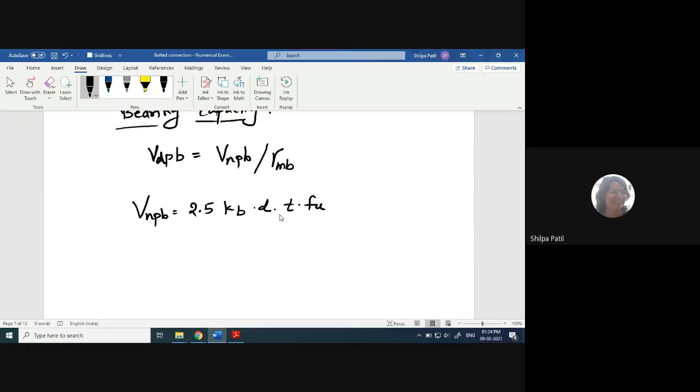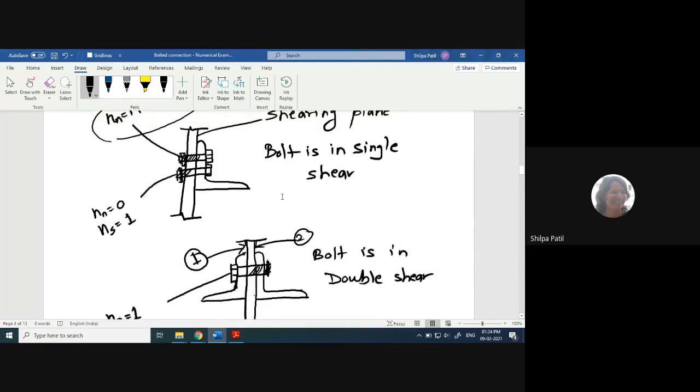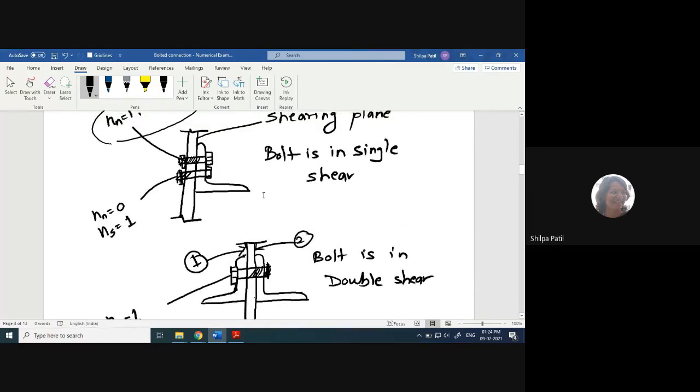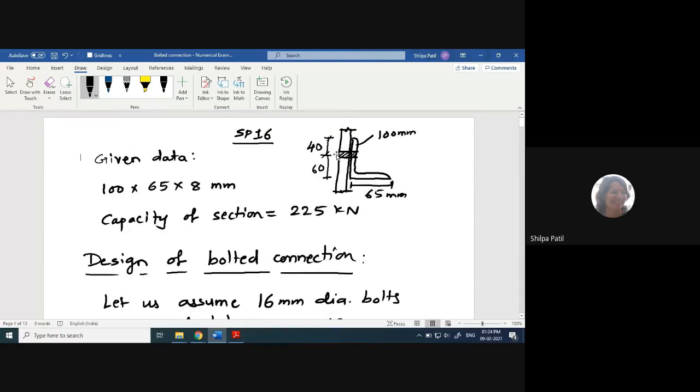We have connected two members here: one is your angle section, and second is the gusset plate. The thickness of both members is given. The thickness of the angle section is 8 mm, and the gusset plate thickness is given as 10 mm.